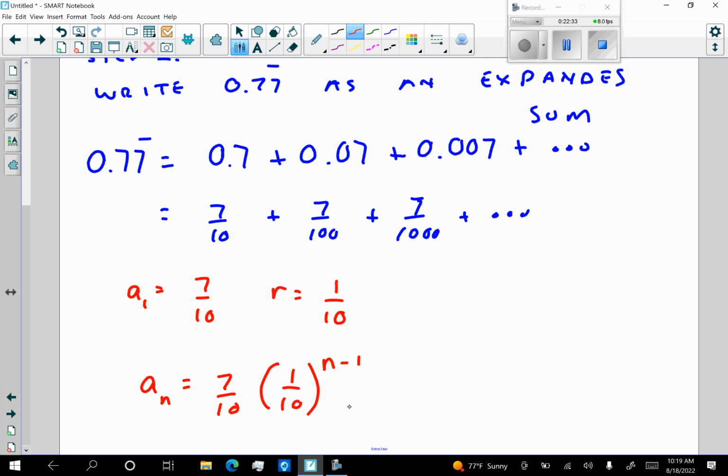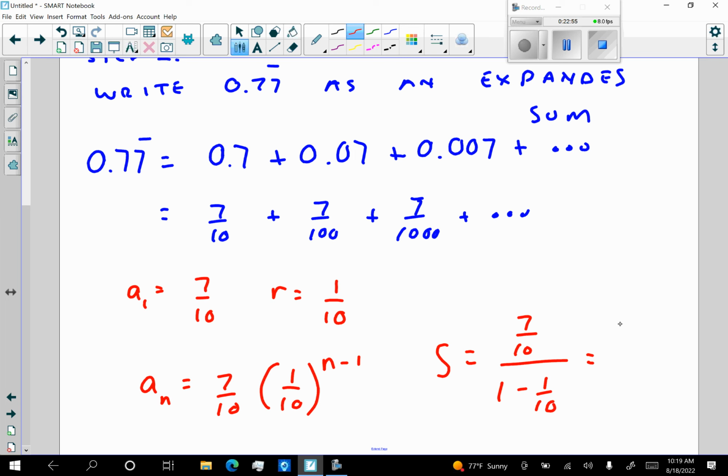So tell me then, what is the infinite sum of this geometric sequence? I already have the values that I need. I need the first term, which is 7/10, and I need r, which is 1/10.